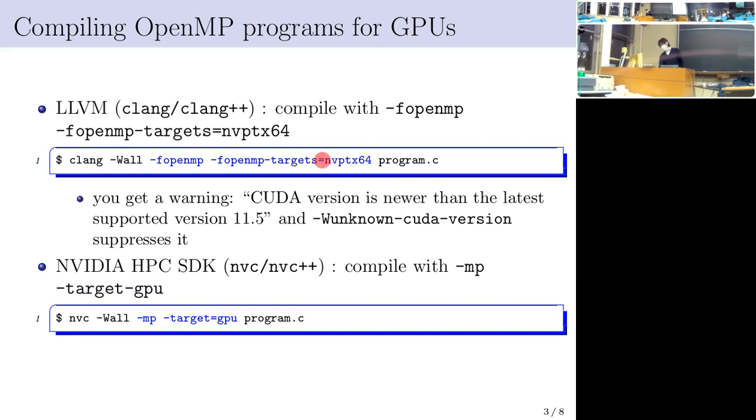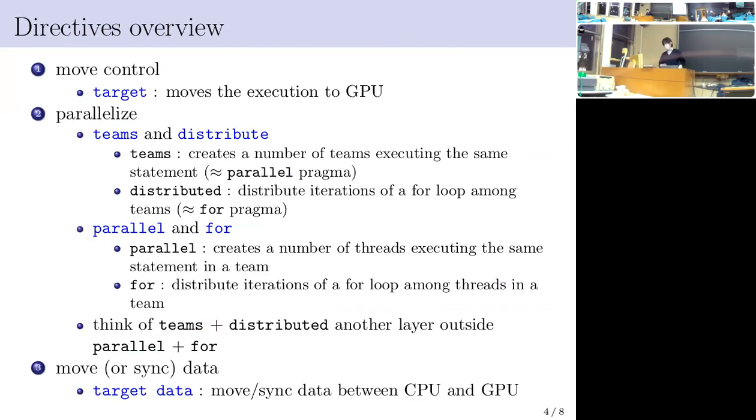That's difficult to remember, but it's basically NVIDIA PTX. PTX is something like an assembly language for GPUs. For NVIDIA HPC SDK, you use either nvc if it is a C program, or nvc++ if it's a C++ program. You give -mp. This is OpenMP. And in addition to saying this is an OpenMP program, you say the target is a GPU. That's what you need to specify in the command line.